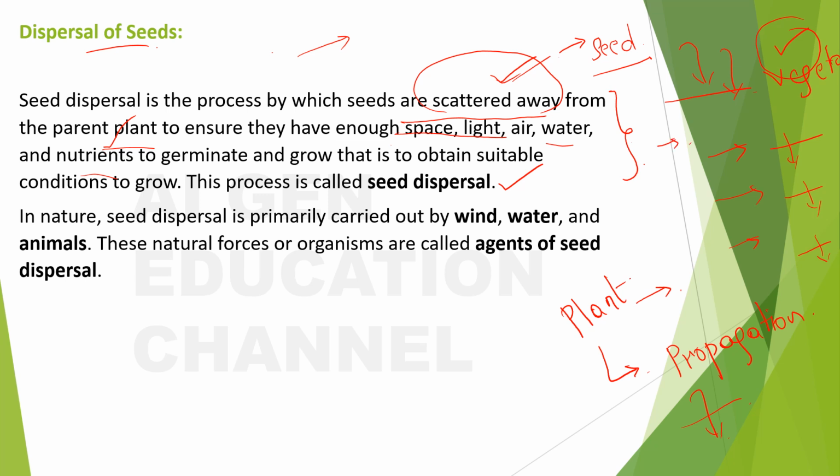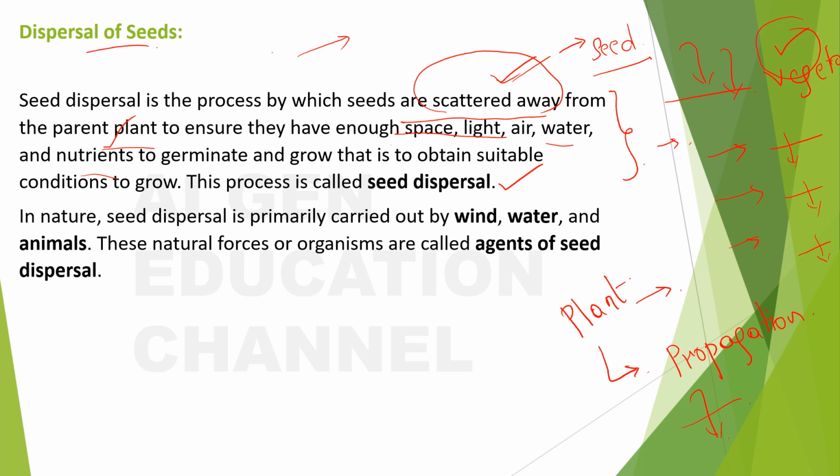So in order to make you understand, I am repeating it again. What did I say? Scattered away is not a rule. It will usually happen, so we are mentioning it.